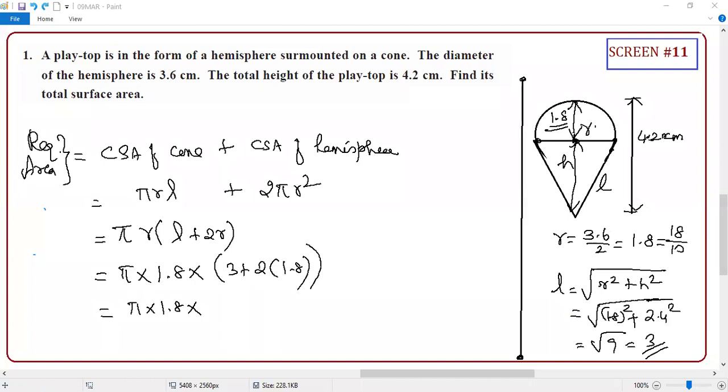Yes. 3.6 plus 3 is what? 6.6. Guys, multiply everything. What is the answer you'll get? 6.6 into 1.8.